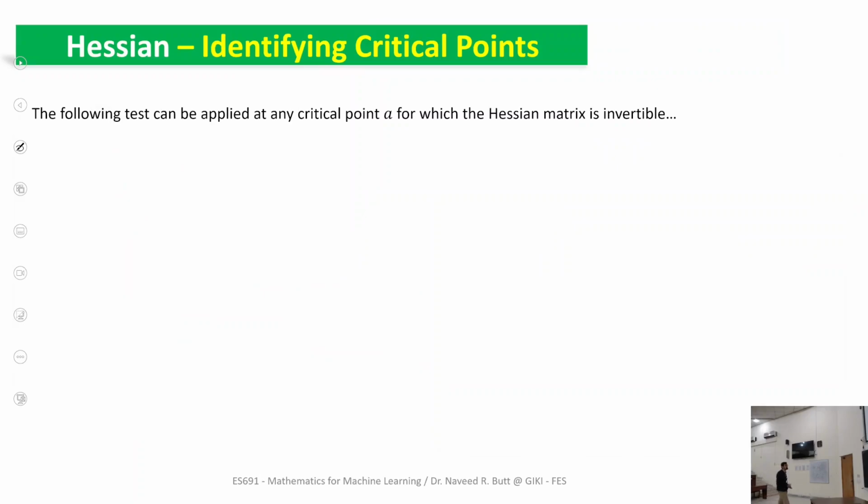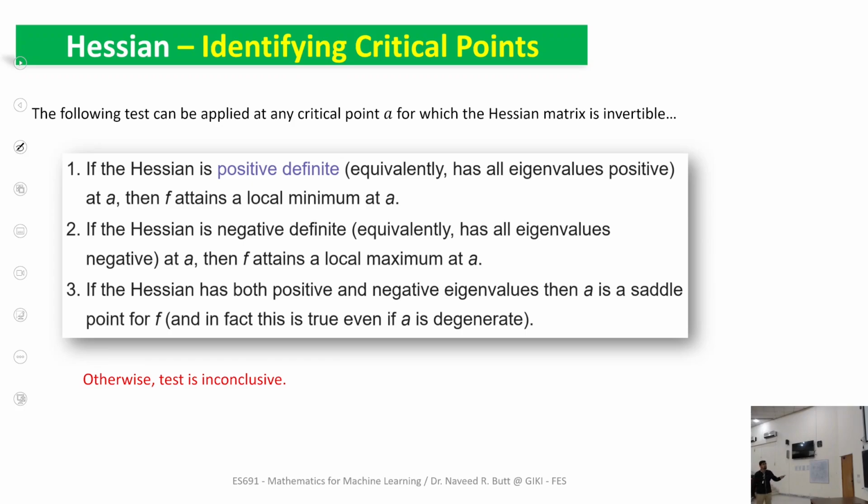So how do we identify critical points? In a simple function, we identified maxima and minima. The same thing extends to matrices now. The Hessian is a matrix, so we'll have to talk about positive definiteness, etc. The test can be applied at any critical point. We are assuming that you have found the critical points. At those critical points the Hessian may or may not be invertible, but if it is invertible, then you can apply this test.